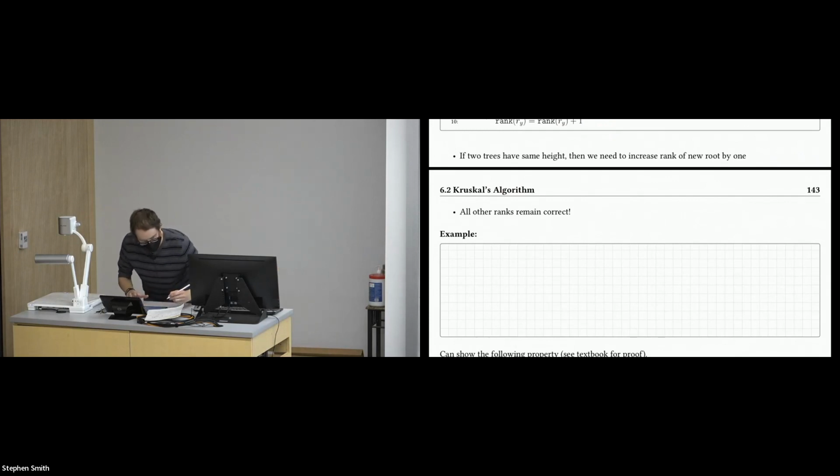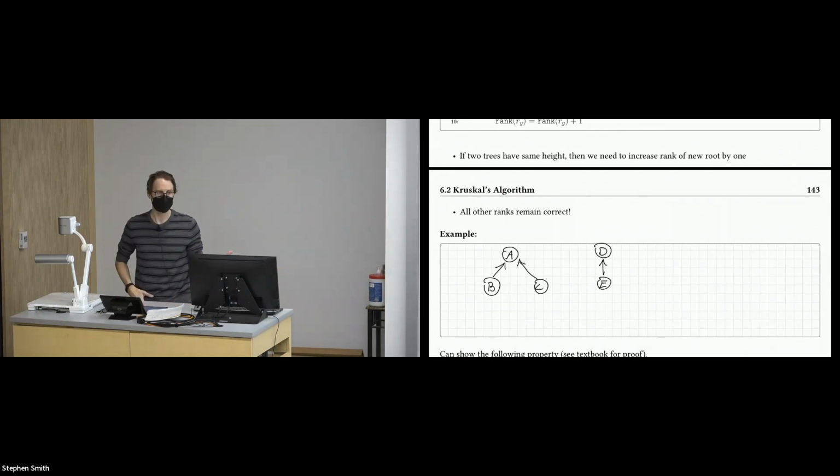So let's say I have this. This is one connected component, and this is the other. Right, so A is the root of one and D is the root of the other. They both have rank. Rank A is equal to 1. Rank D is equal to 1.